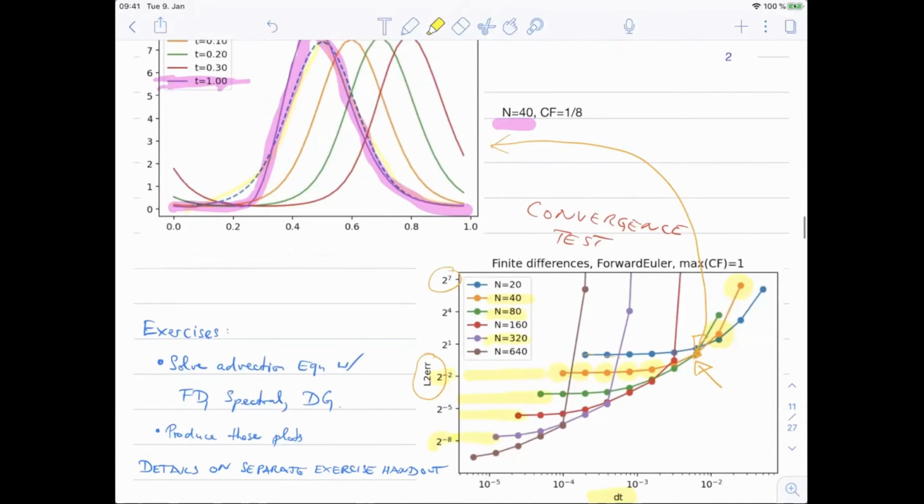And this decay here, by the way, by factors of 2 to the 2 each time, is precisely what you would expect and what one needs to check for the second order spatial convergence.